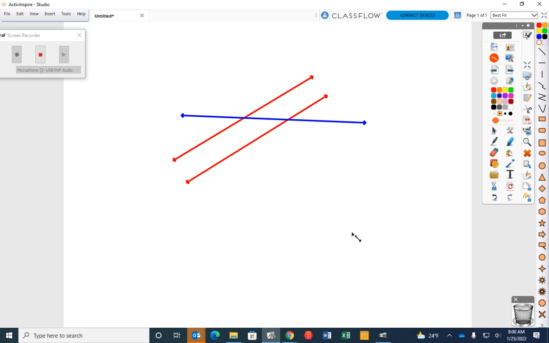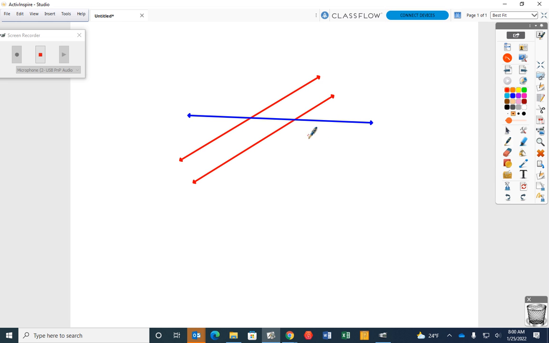A line that intersects parallel lines? A line that intersects parallel lines is called a transversal. Okay, transversal, a line that intersects parallel lines.